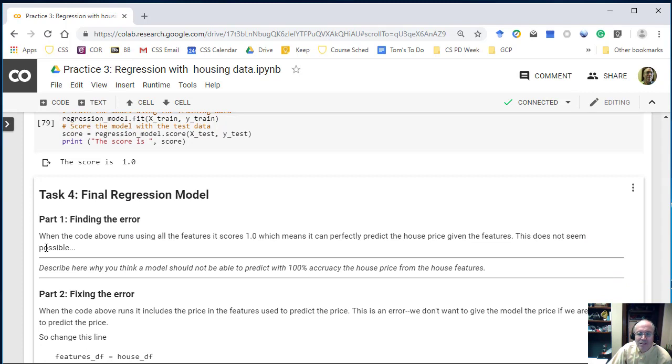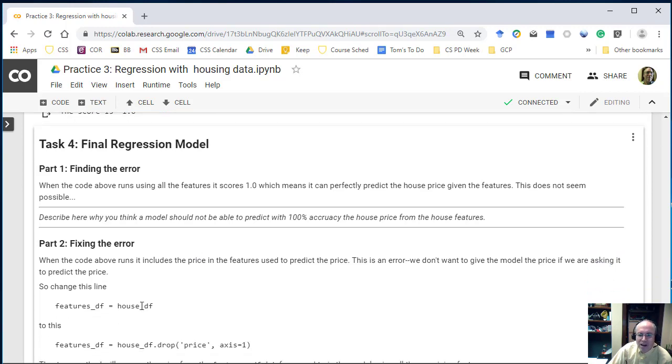So task 4, you have to find the error in the code. A score of 1 is basically impossible. So you cannot perfectly predict the house price given the features. And so I want you to describe in English why you shouldn't be able to perfectly predict the house price given its features here. And then we're going to fix the error here.